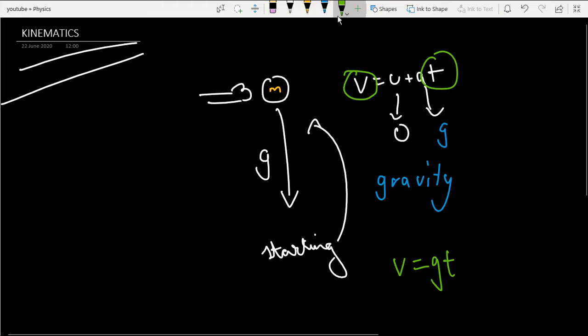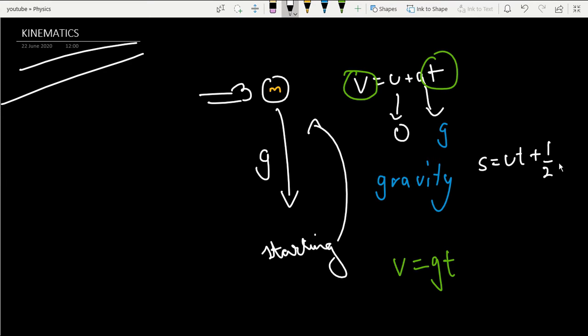Now let's see the second equation, s is equal to ut plus half at square. Here, as you can see, the ball or the mass is freely falling from a height. So the distance from this point to this point we can take as h.